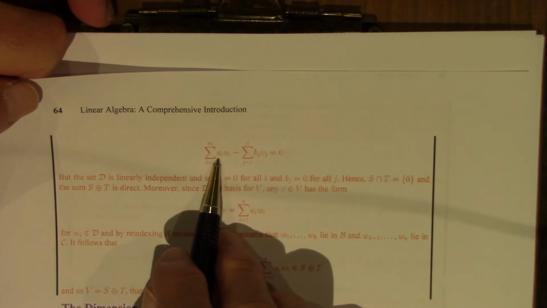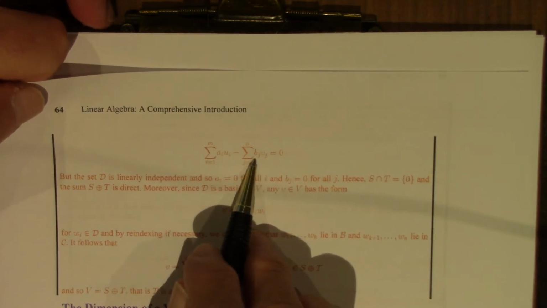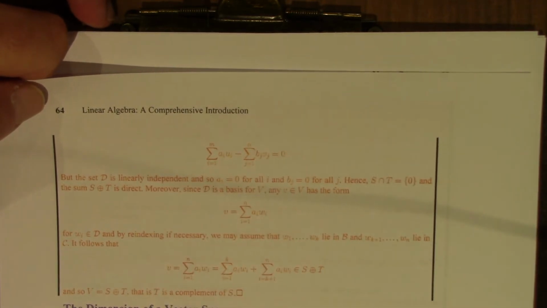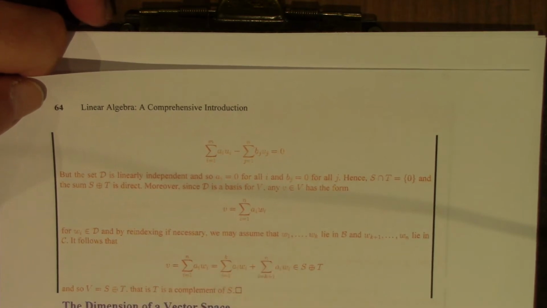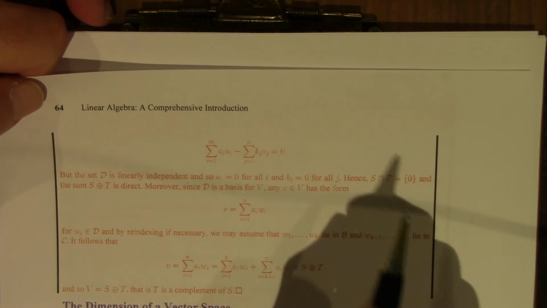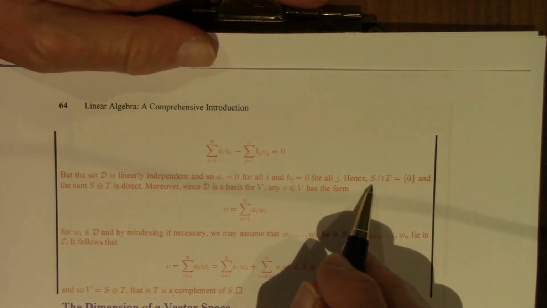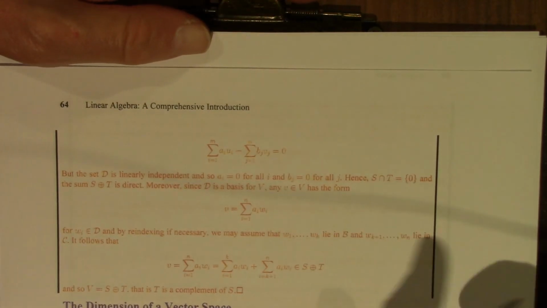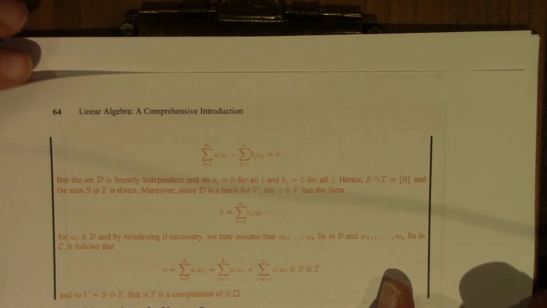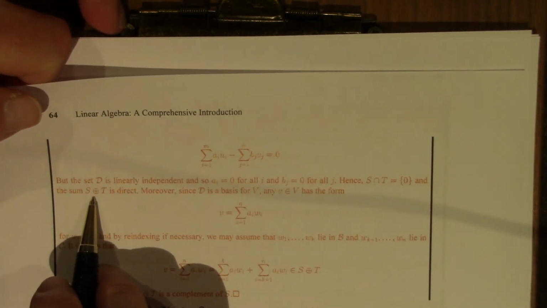So the a_i's must be 0, and the b_j's must be 0, and so the vector v must be 0, which means that the intersection of S and T is just trivial. So the sum here is direct.